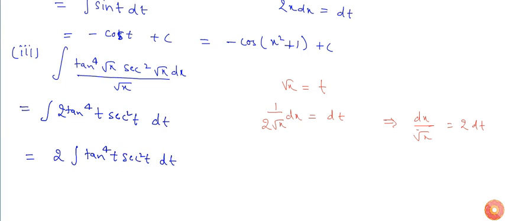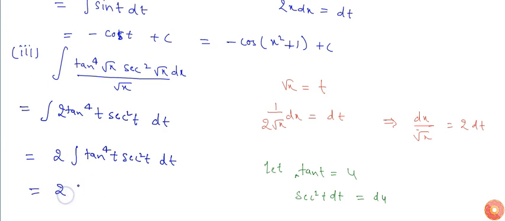So here let tan t equal u. So the derivative of tan t will be sec square t dt equals du. Now I can replace the value of tan t and sec square t dt in the expression.